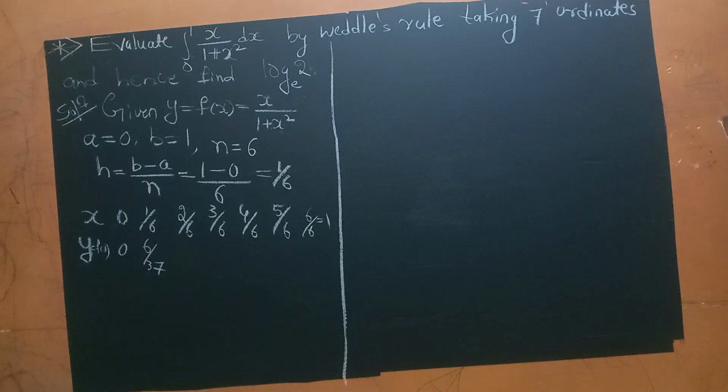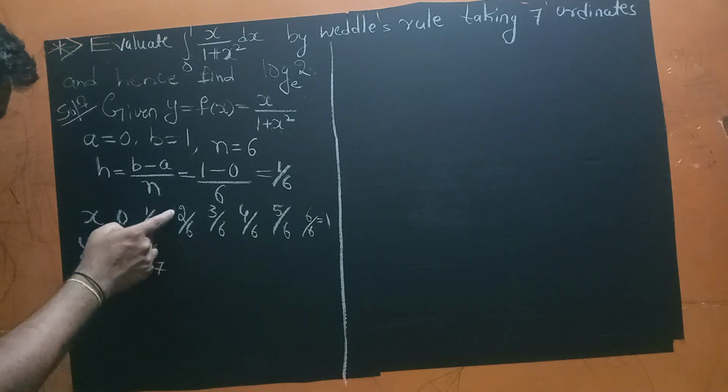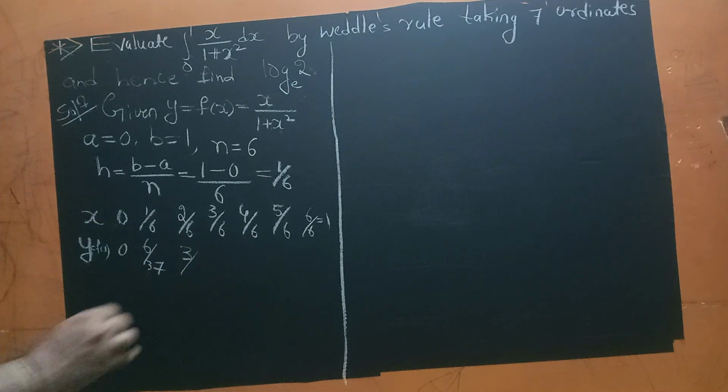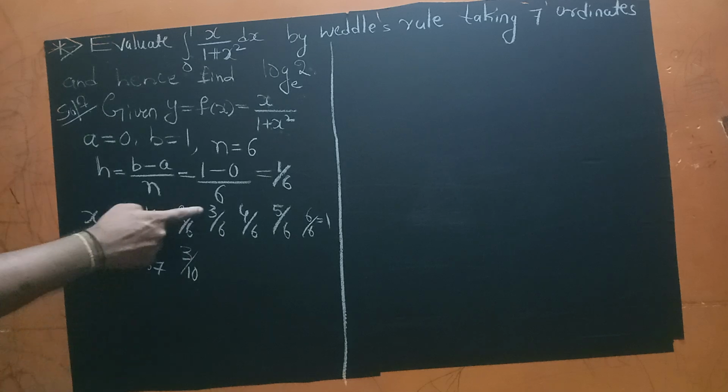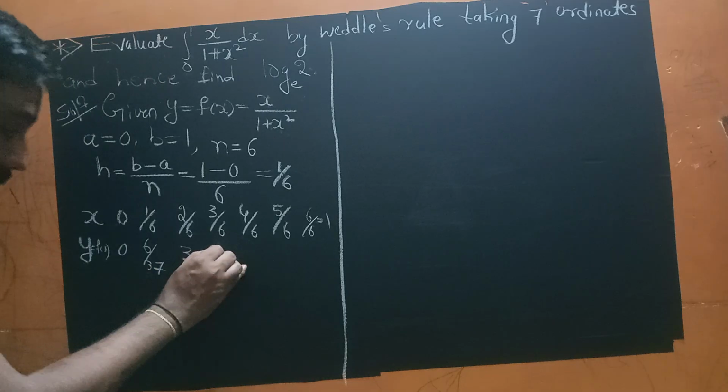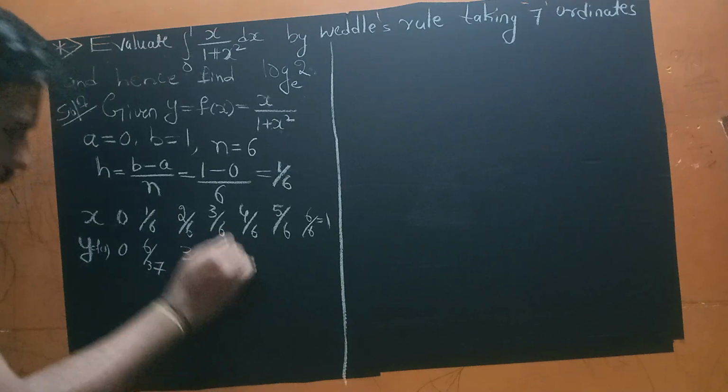If you replace x equal to 1 by 3 or 2 by 6, the corresponding y value will be 3 by 10. If you replace 3 by 6 in the given function, we will have the corresponding y value as 2 by 5.